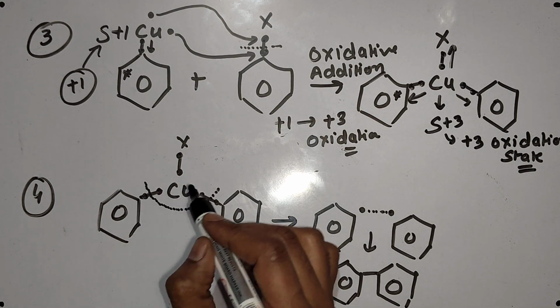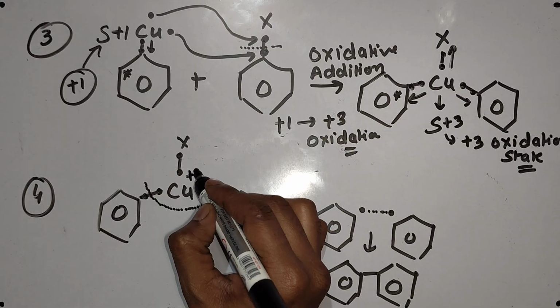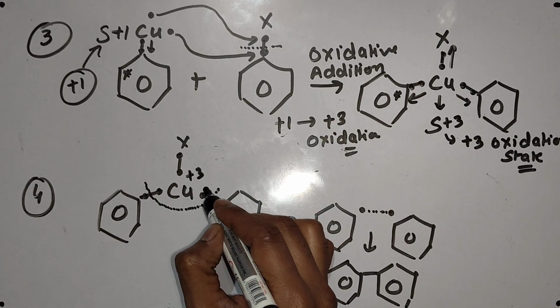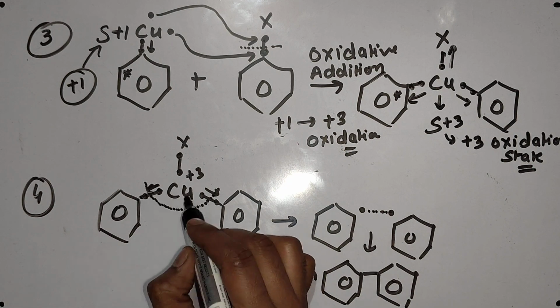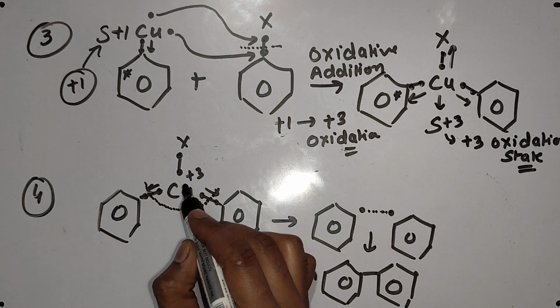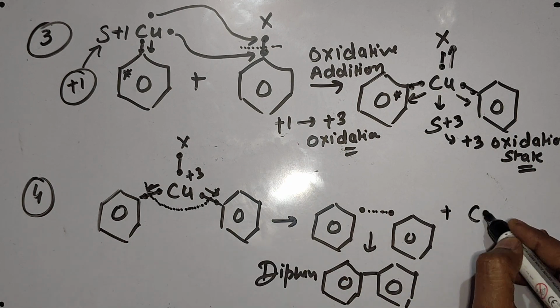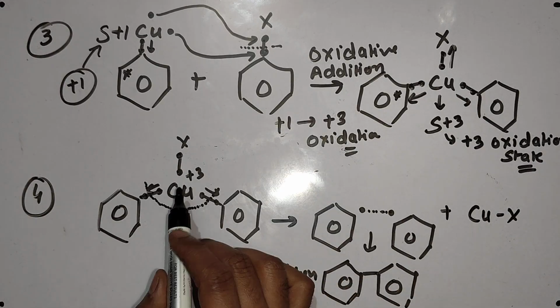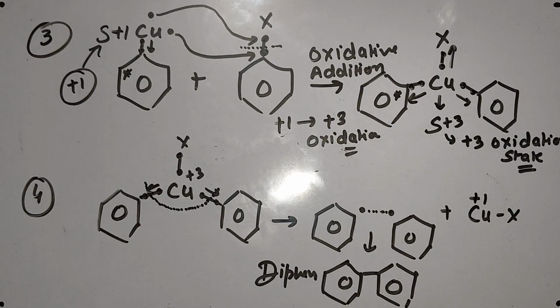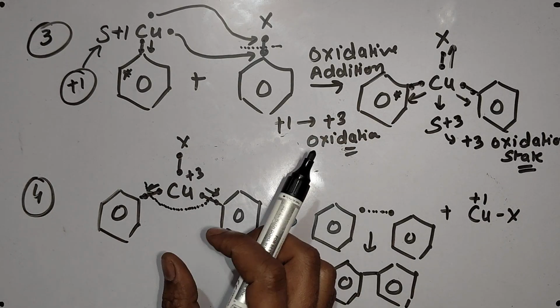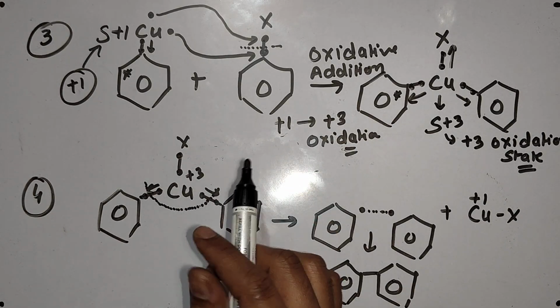And what about copper? The oxidation state of copper was +3 because these electrons were toward carbon due to the higher electronegativity of carbon. But as copper got these 2 electrons toward itself, firstly it will become CuX, and the oxidation state which was +3 will turn to +1 now because it got 2 electrons.